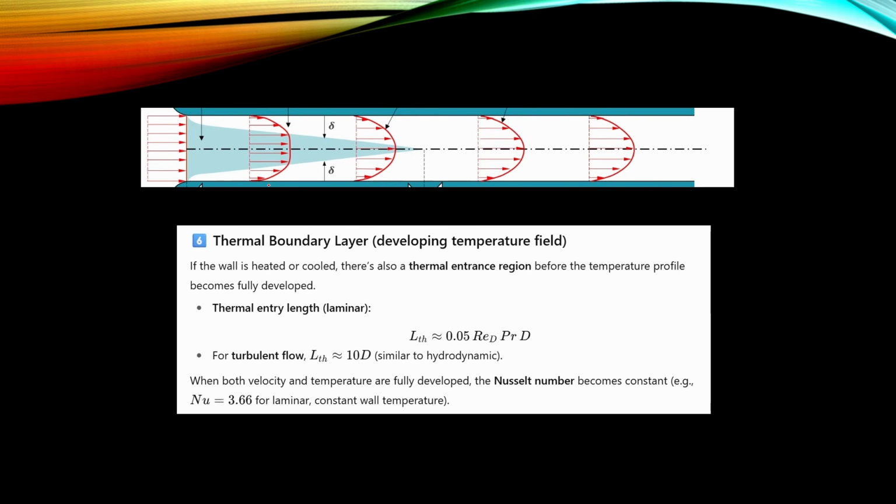If the wall of the pipe is heated, then we will have also thermal boundary layer and thermal entry zone. And for laminar case we can estimate the length of that zone from this function. And for turbulent flow, the length of this zone is around 10 times the pipe diameter.